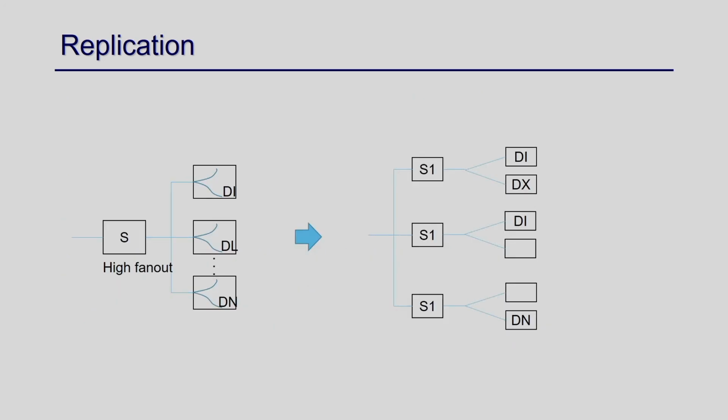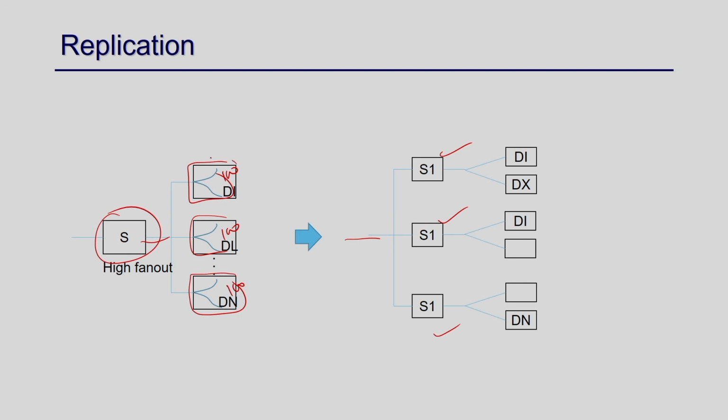So, the idea is that if you have a high fan out source node, and say there are 100 connections here, 100 connections here, 100 connections here, but I know this is one module, this is another module, and this is another module. So, I am going to split them into modules. This is my source node, and now I created 3 copies of the source.